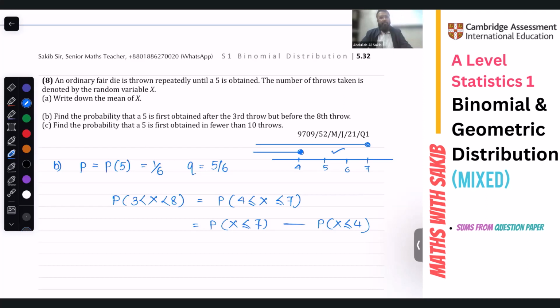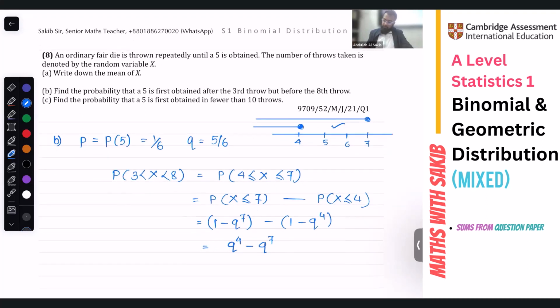So I can write 1 minus q to the power 7, minus 1 minus q to the power 4. So it's basically q to the power 4 minus q to the power 7. Done. So 5 by 6 to the power 4 minus 5 by 6 to the power 7.